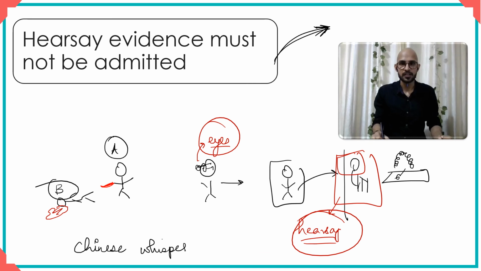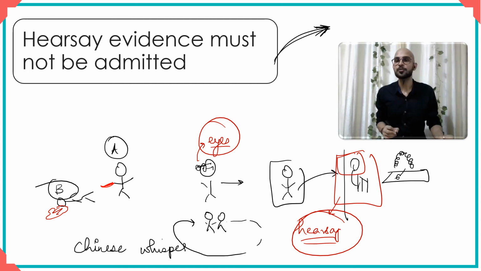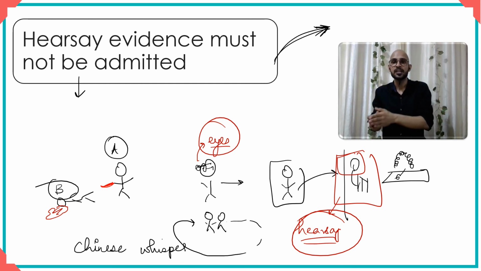So you have this entire circle that is made, and one person tells someone something, and so on, and then finally when it gets back to this person, he hears a very distorted version of what he started off with. So this rule has basically been embodied in the Act as well as in the whole law of evidence to prevent this mischief, to prevent such an occurrence whereby there's a distortion of facts once it gets carried from one person to another. So this is a rule again relating to the authenticity of evidence.